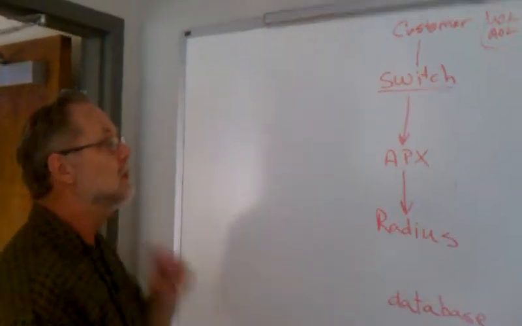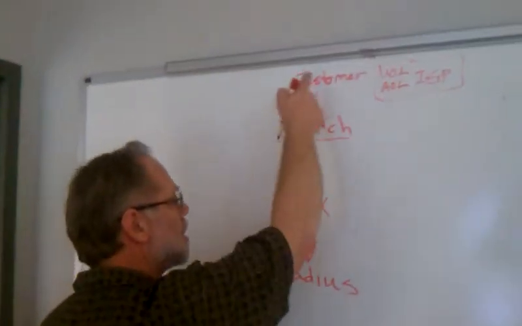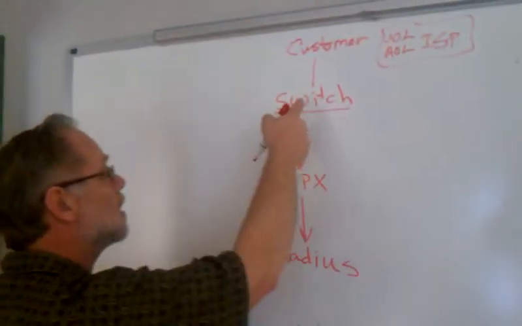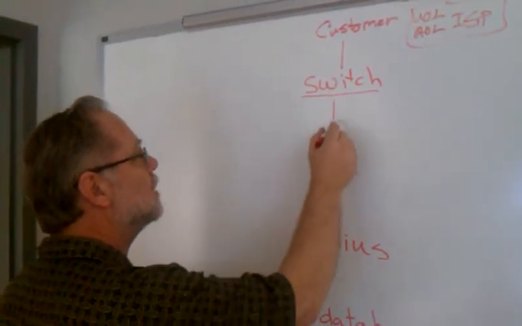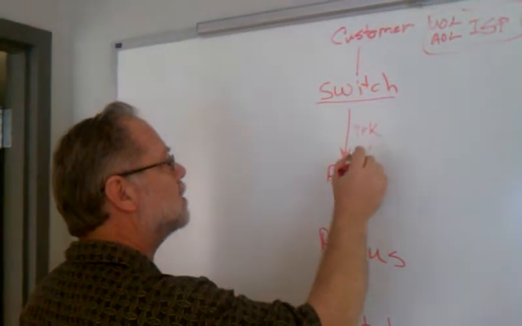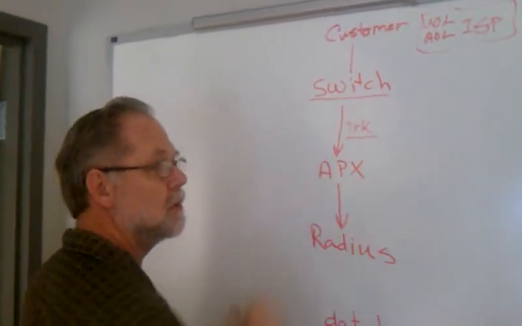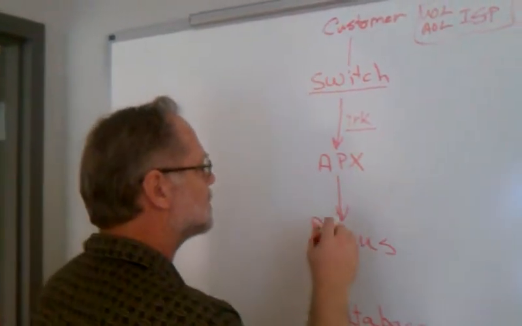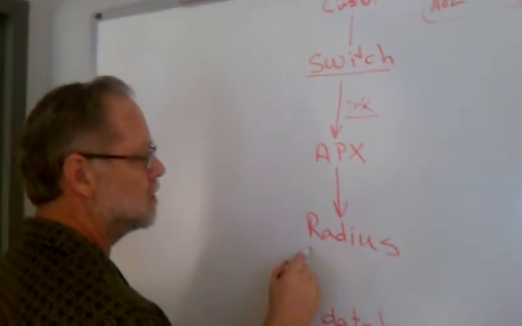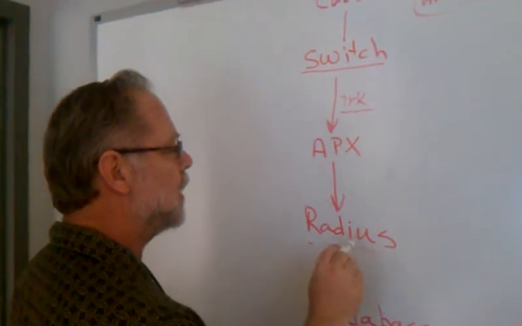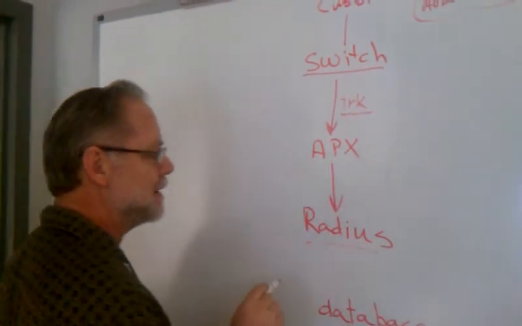Okay. So the call comes from the ISP, comes into our switch, goes through a trunk group that's connected to the apex. The apex through the IP network connects to the radius server. The radius server then looks up in the database.